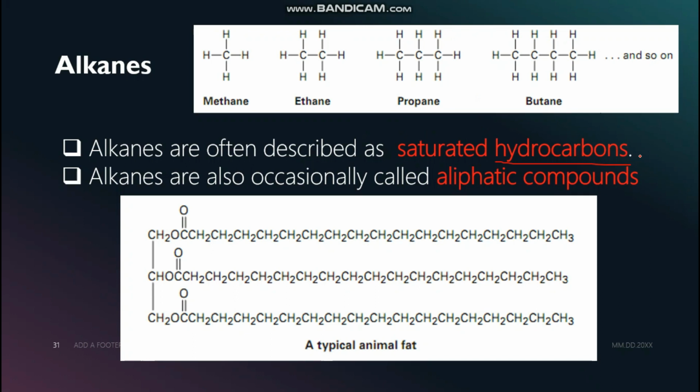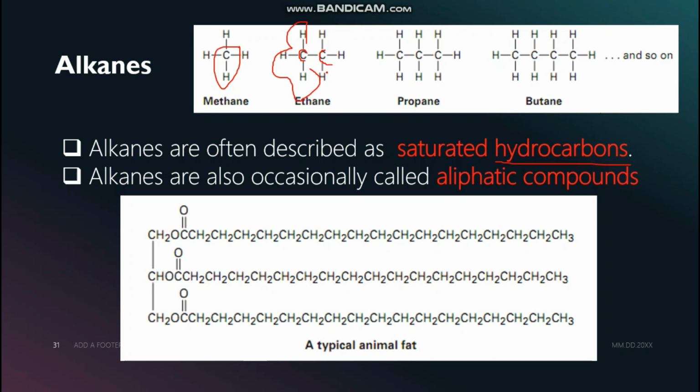Because they only contain carbon, hydrogen bonds. And saturated because they only have the carbon to carbon and carbon to hydrogen single bonds and thus contain the maximum possible number of hydrogens per carbon. So, sa lahat daw ng carbon, puro hydrogen lang and carbon ang naka-bond dito. So that's what makes them saturated hydrocarbon.